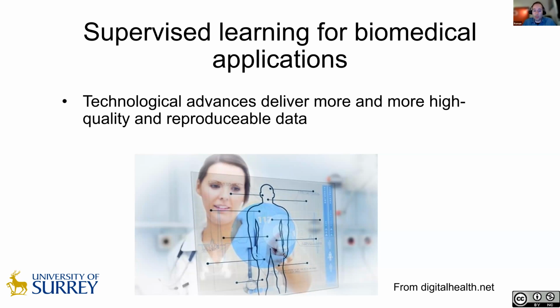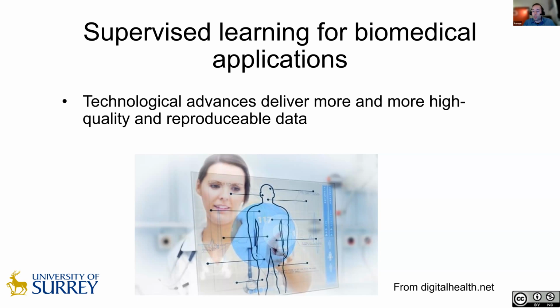Technological advances have enabled the acquisition and also the processing and the storage of large amounts of data, and also data of different modalities, such as, for example, gene expression or brain physiology, like EEG and fMRI and so on.